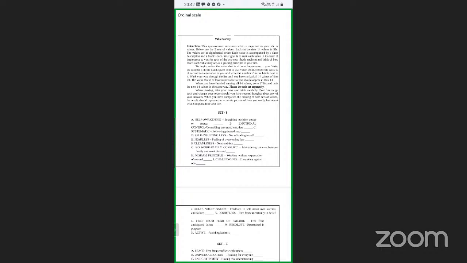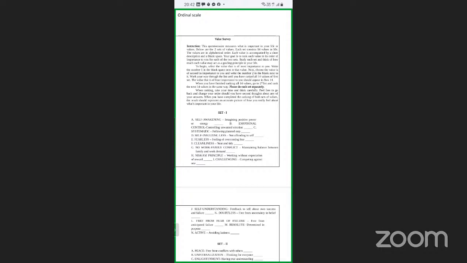When ranking, take your time and think carefully. Feel free to go back and change your order should you have second thoughts about any of your answers. When you have completed the ranking of both sets of values, the result should represent an accurate picture of how you really feel about what is important in your life. Okay.